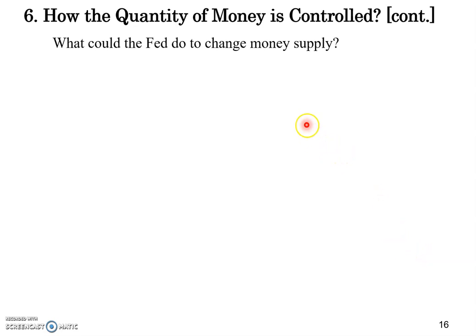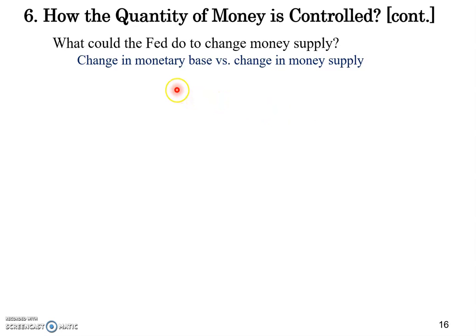Now let's take a look at the Federal Reserve. How could they change the money supply? As we already discussed, the Fed has a very strong influence upon the monetary base, because they decide how much money they want to print, and then by using the new money, they can purchase treasury bonds and bills.